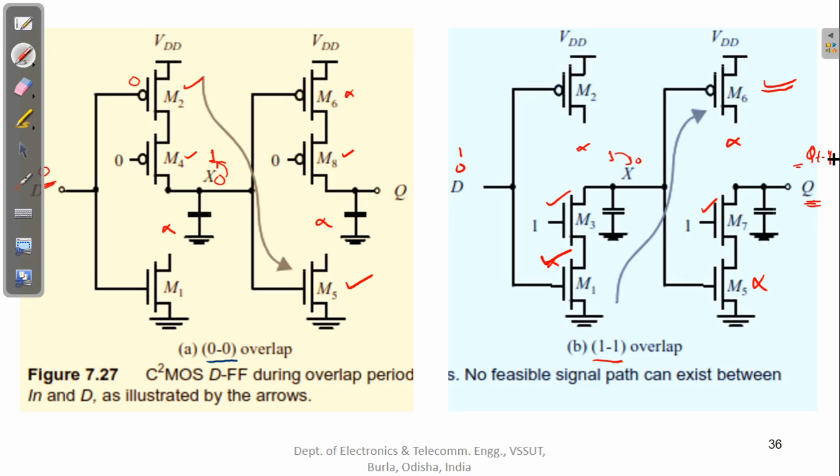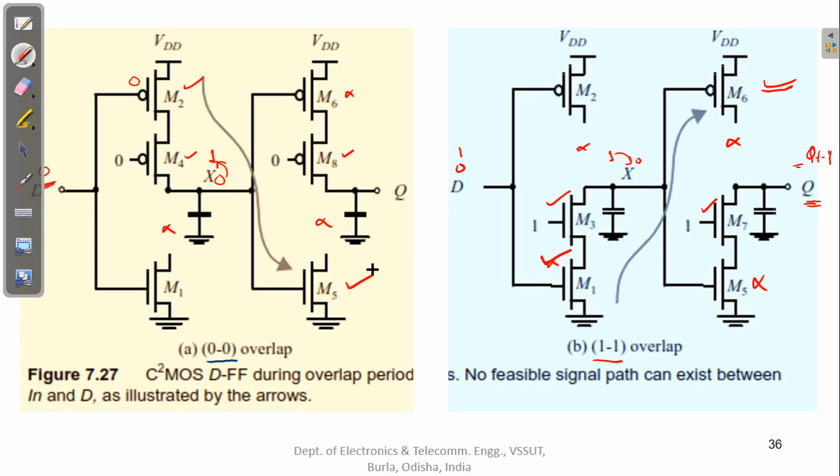This is the thing we want, that the input change should not propagate to the final output node. Although it is able to propagate to the next stage, only one stage, it does not affect the final output. So the operation is still okay, and the value of Q will get affected only at the next transition of the clock signal, not within this 1-1 overlap time window.